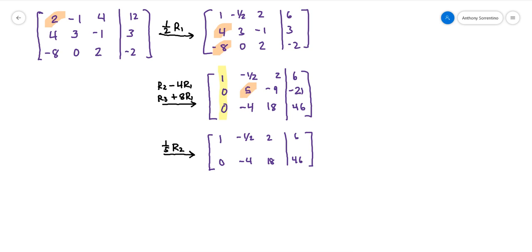So the 0 I had divided by 5 is still going to be 0, so nothing happens there. 5 divided by 5 is going to give me the 1 I wanted. Negative 9 divided by 5, I'm just going to write it as negative 9/5. And negative 21 divided by 5 is going to be a negative 21/5.